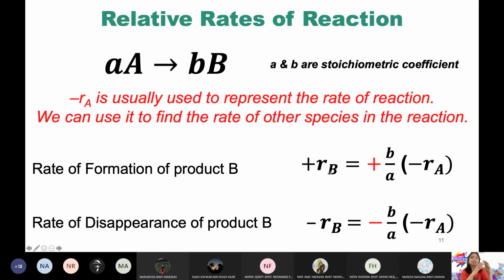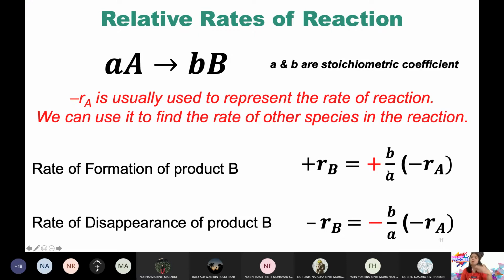Because B is a product, we calculate rate of formation. That's why dia ada positif di hadapannya. Nak kira kadar pembentukan. And dalam tindak balas, B memang terbentuk sebab B adalah produk, positif, nombor jadi positif. Okay, so positif, kamu kena kira nisbah, the ratio of B per A.